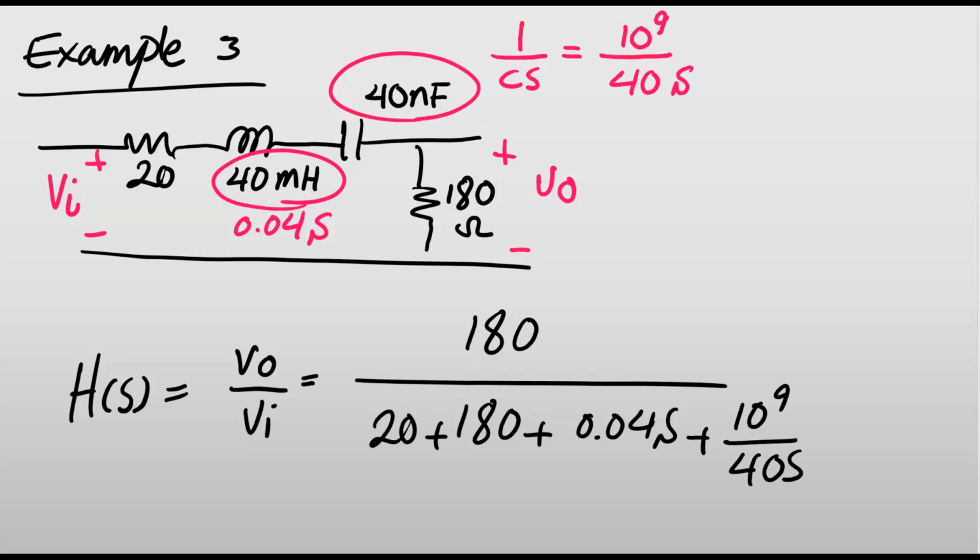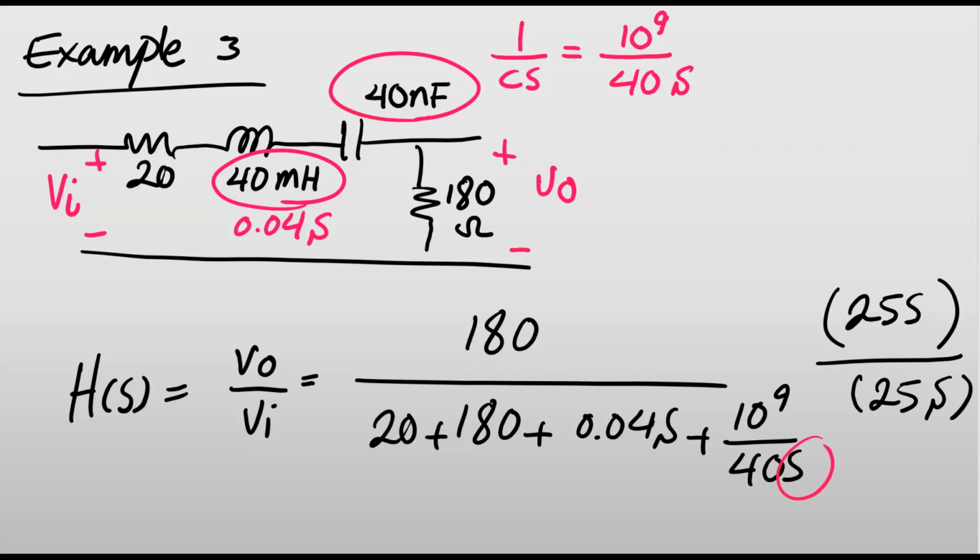What I'm going to do now is multiply everything by 25s, both in numerator and denominator. Why 25s? s because I want to get rid of this s here, and 25 because I want to get rid of the coefficient of s here. So I'm doing this at the same time.